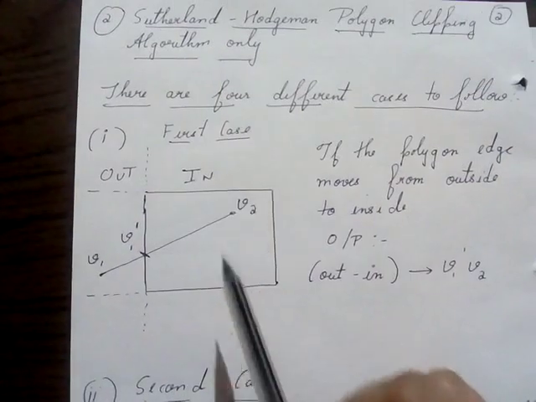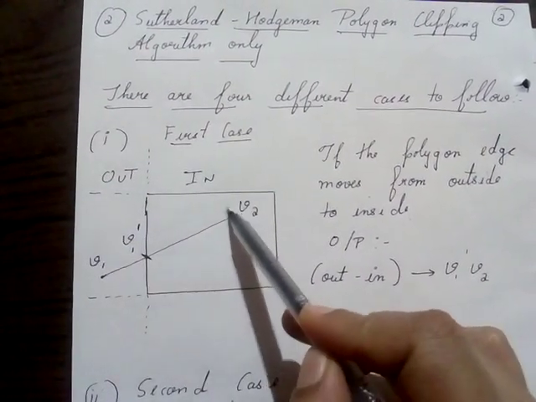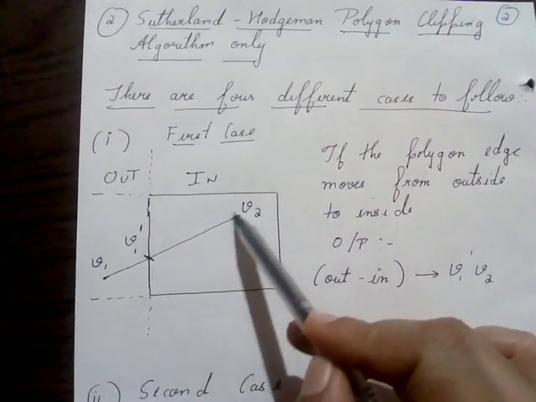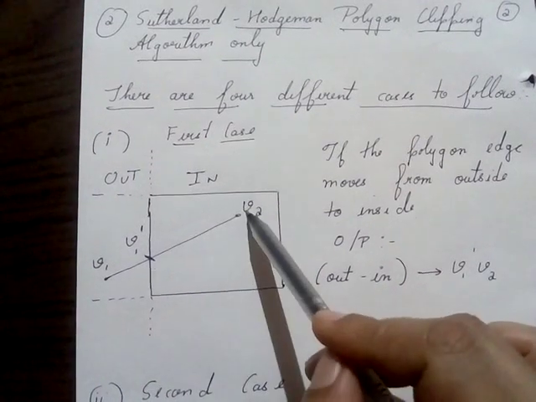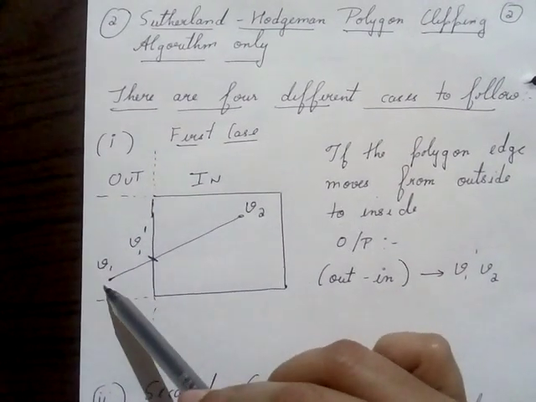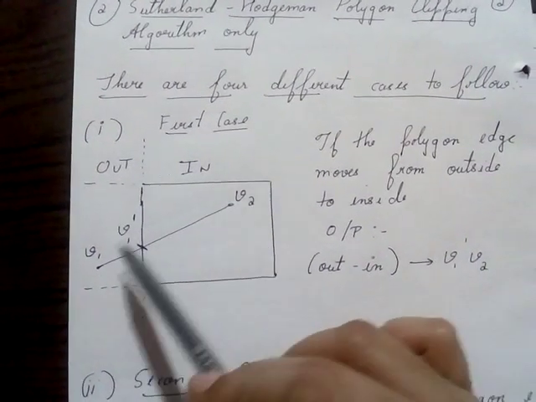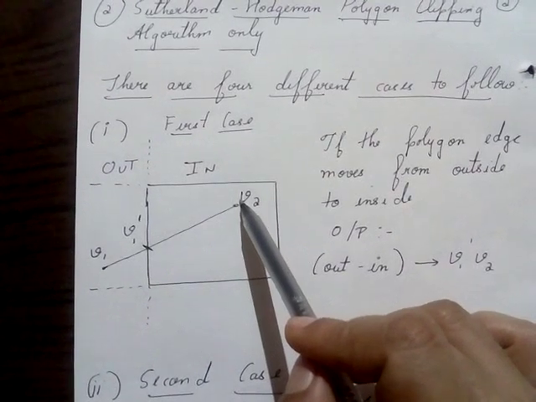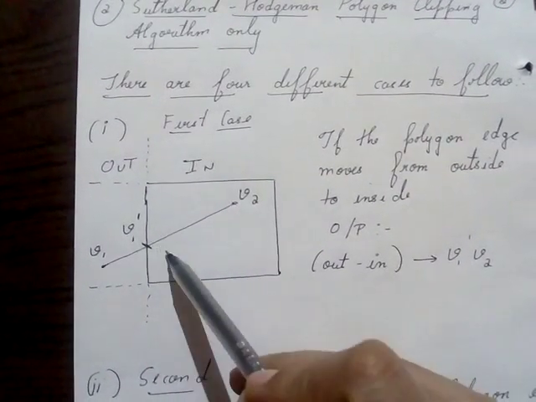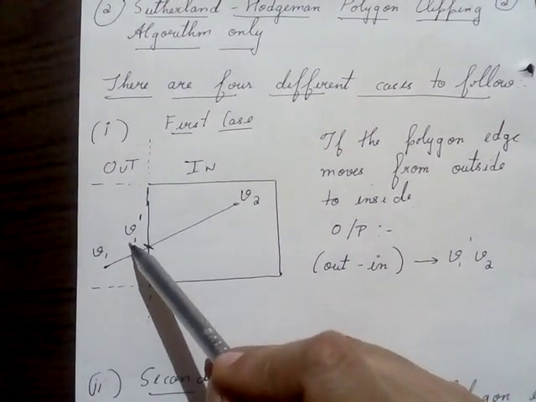In the first case, you can consider any one edge of the polygon which is moving from outside the window to the inside of the window, v1 to v2. When such an edge moves from outside to inside, you have to consider the intersection point, v1 dash.